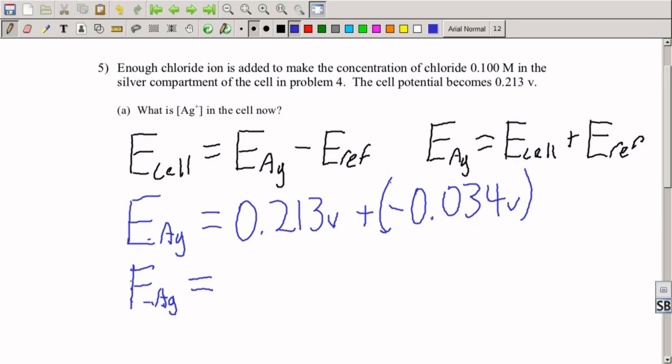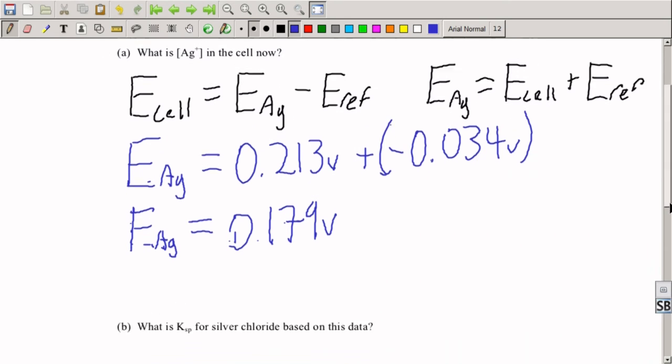Okay, 0.179 volts. Okay, so what's next?